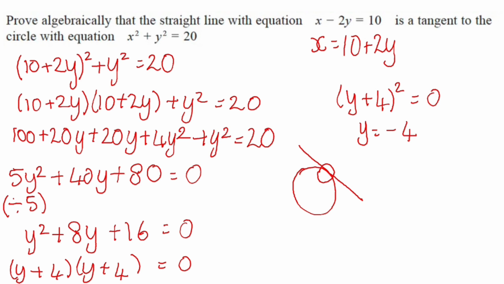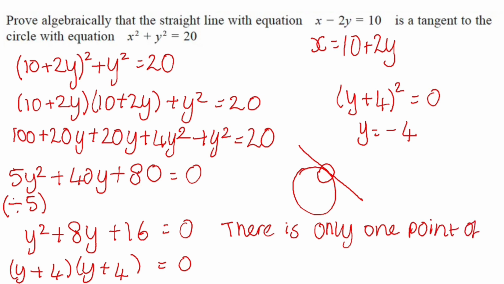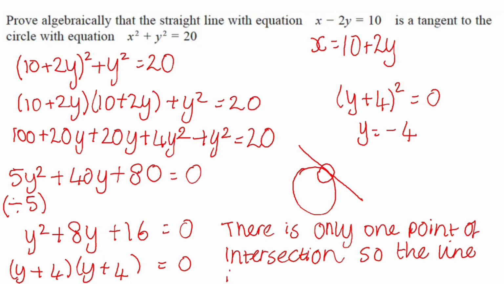So we just need to write a concluding sentence saying there is only one point of intersection, so the line is the tangent to the circle, or something along those lines. And that therefore will get you all the marks for this question.